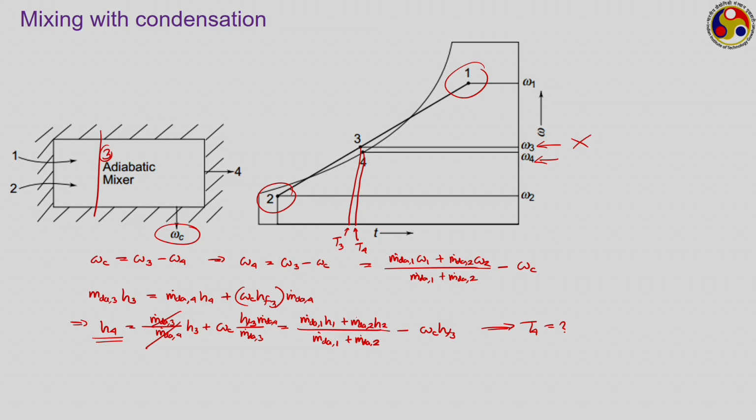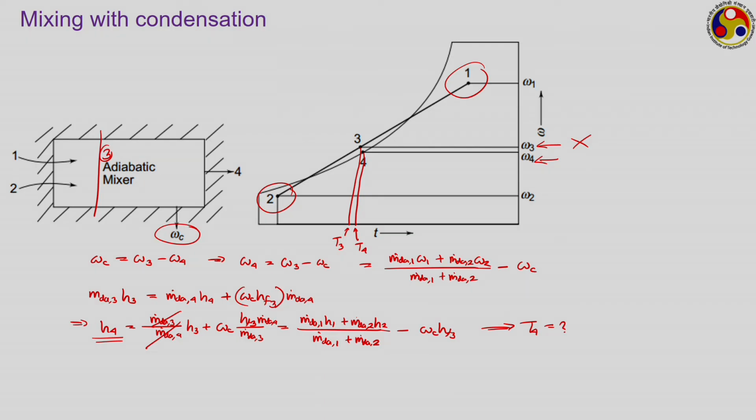This mixing with condensation is not the most common process in air conditioning applications, but in real life you must have seen this particular scenario. Just think about a winter day, where stream 2 corresponds to very cold air in contact with the ground, whereas stream 1 corresponds to warm and moist air which may appear in the higher atmosphere during the evening time or when the sun is out.